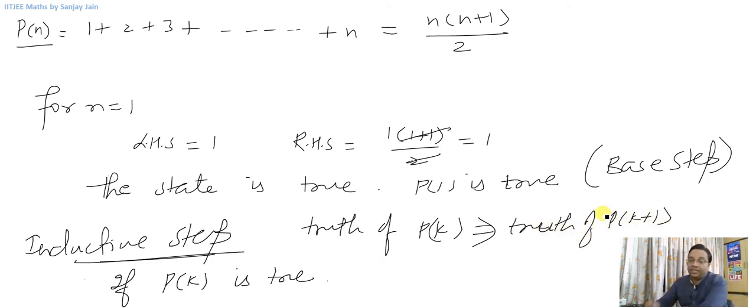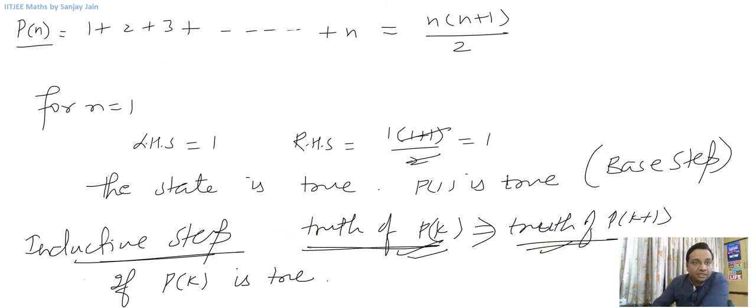For example, in case of tiles, if any tile falls, the next will also fall. Truth of P of k should imply truth of P of k plus 1. Then we can say that this statement is true for all n belonging to natural numbers, right?